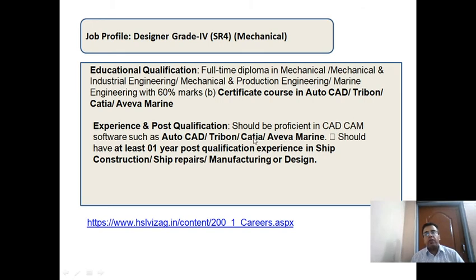So in this manner, we can judge how the CATIA is been growing faster in our country, also in the government sectors. So इसके जो details हैं, you can go to this website of Hindustan Shipyard Limited and check the other details there.